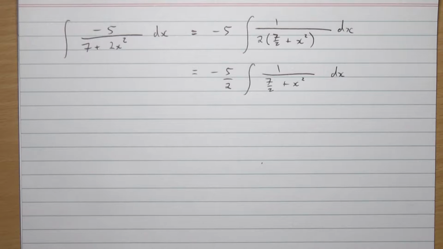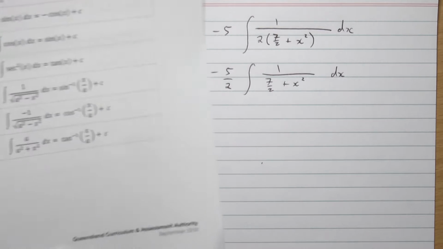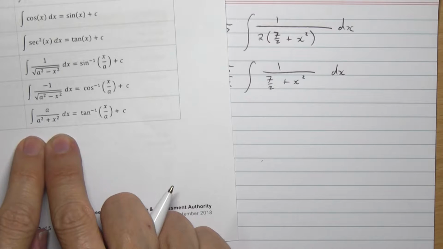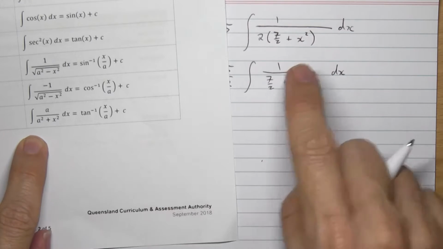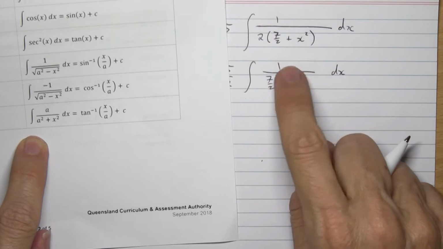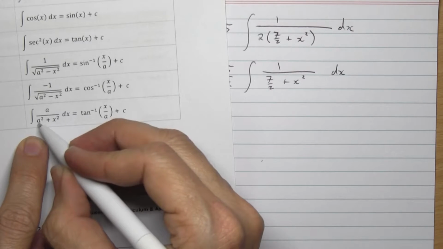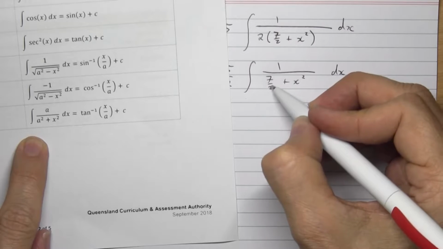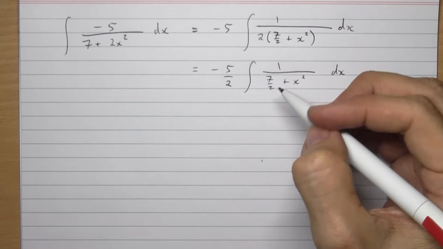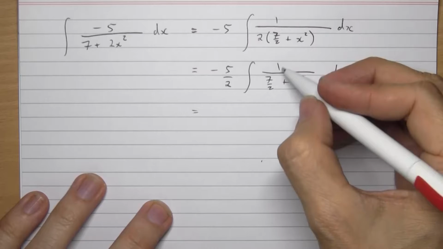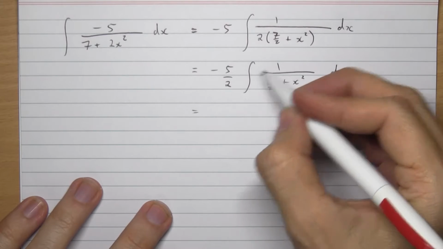Okay, we're getting closer. We need a over. We've currently got 1 over. So up here on the top of this fraction, I need the square root of 7 on 2. Now, if I'm going to put it on the top of the fraction, it's really the same as putting it out here.